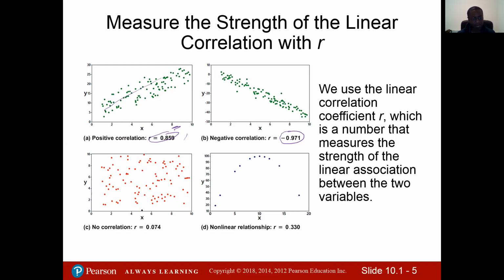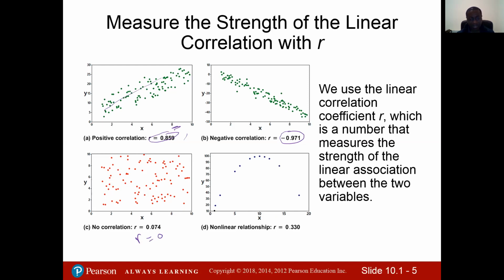Now the bottom left, the correlation is very small. As you can see, the scatter plot doesn't show any pattern in a straight line. Sometimes we say that r is about 0.